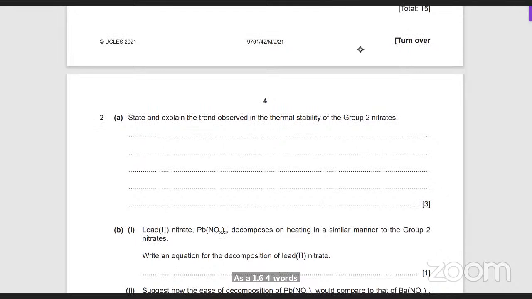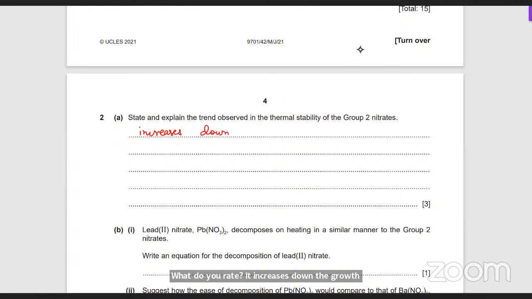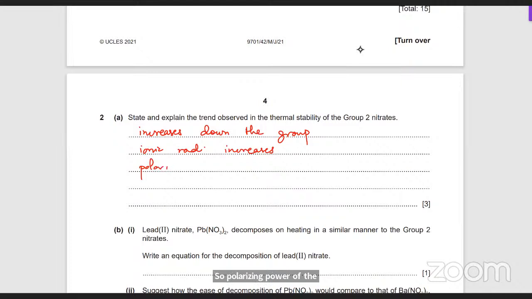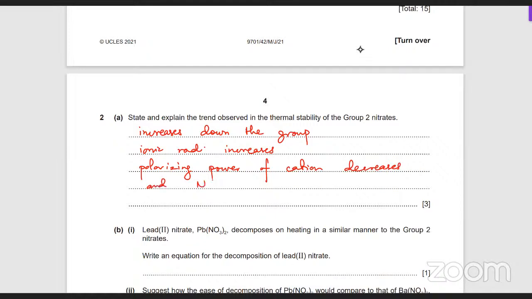As a statement, for the thermal stability of group 2 nitrates, what do you write? It increases down the group. Why does it increase? Because ionic radius increases, so the polarizing power of the cation decreases, and the nitrate ion becomes more stable.